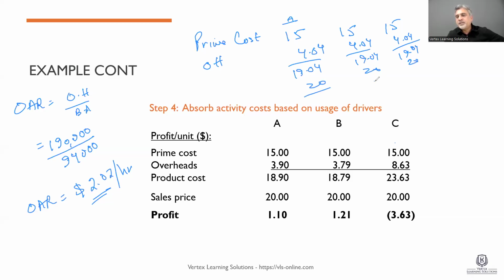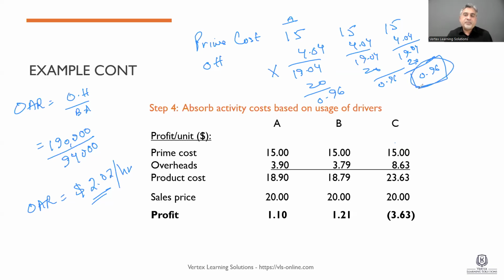Okay, so all the products would look profitable. You are making 0.96 profit here, 0.96 profit here, and product C also looked like a profit of 0.96. And you say, you know what? All products are making profit, but they're making very little profit. Let's do something.